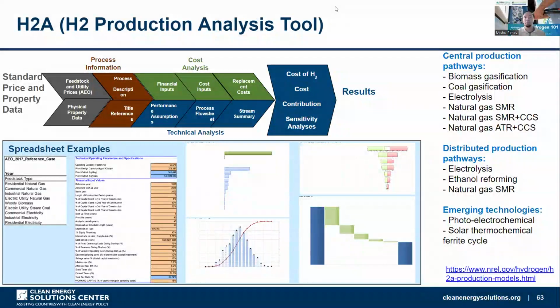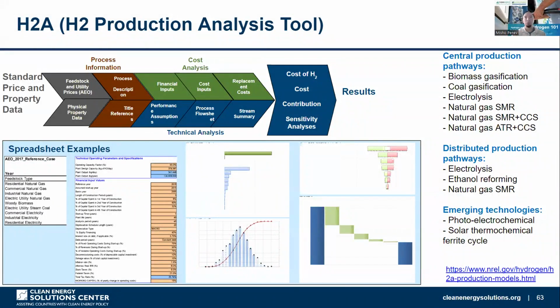It does techno-economics from the point at which fuel is delivered to a hydrogen production facility, or electricity is delivered, as well as feedstocks such as biomass, water, be that for process or for cooling of the hydrogen production facility. And it ends the analysis at the point where hydrogen has been produced and pressurized to 20 bar.